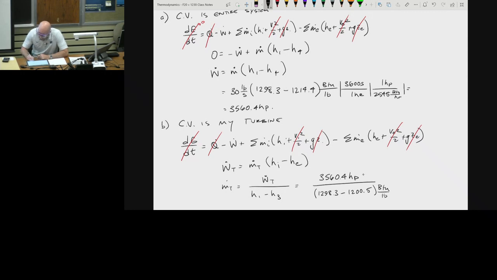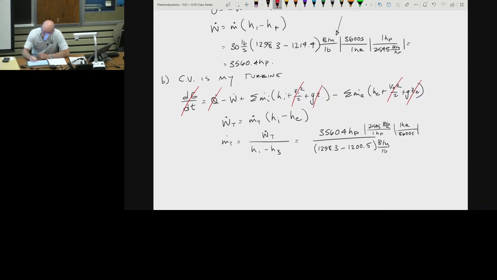Okay, so I'm going to have to convert my horsepower back out here, or I could have had an intermediate step up here where I calculated BTUs per second. So I know that 1 horsepower is 2545 BTUs per hour, and I know that in 1 hour there is 3,600 seconds.